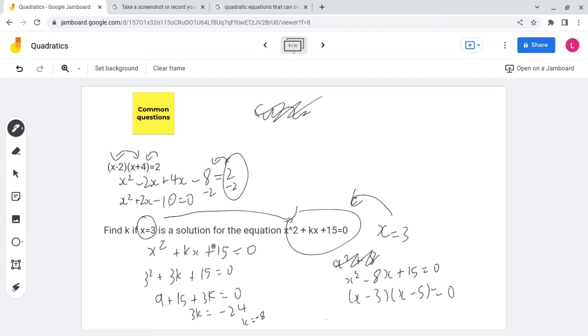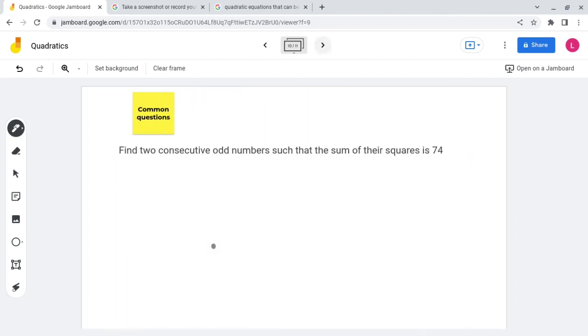Right, so next question, we have: find two consecutive odd numbers such that the sum of their squares is 74. Here, if you would use some common sense and think consecutive odd numbers.